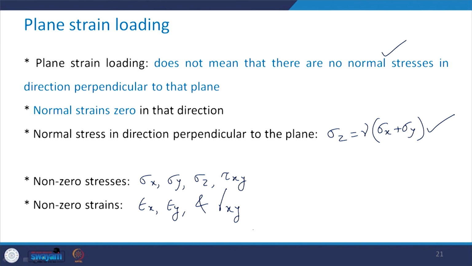You can use these in the analysis of the structures which are going to be there in the rock or rock masses. So this is what I wanted to discuss with you. Just to summarize, we had the discussion about soil versus rock.